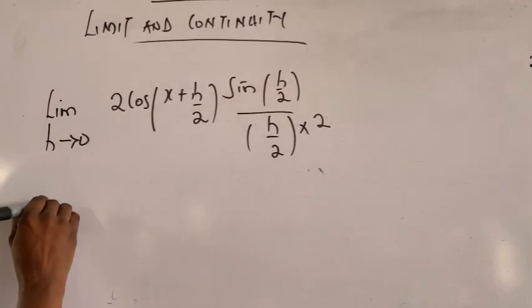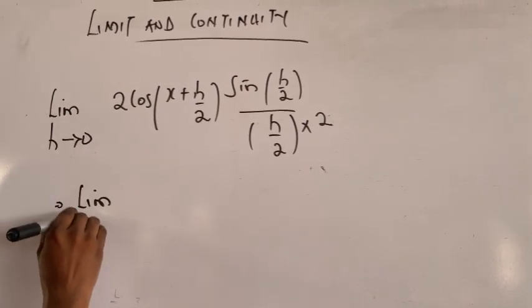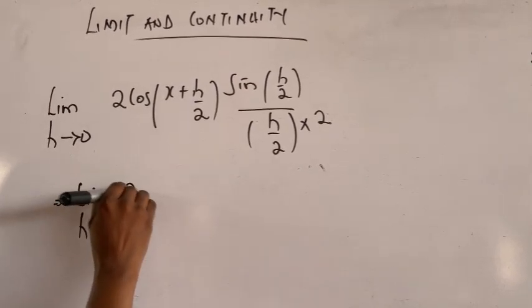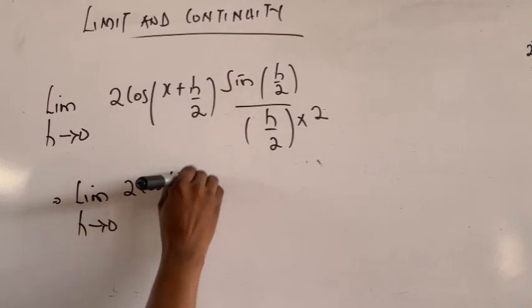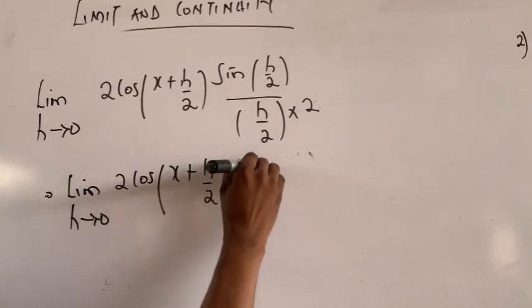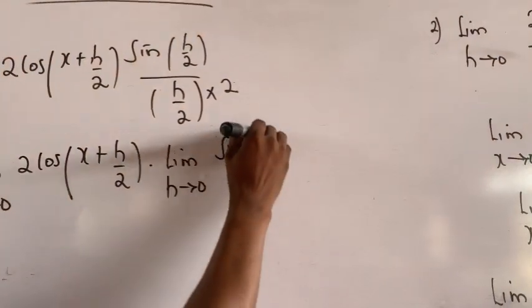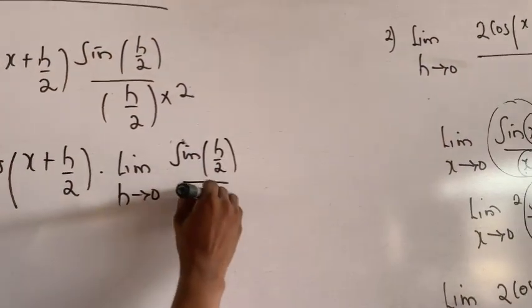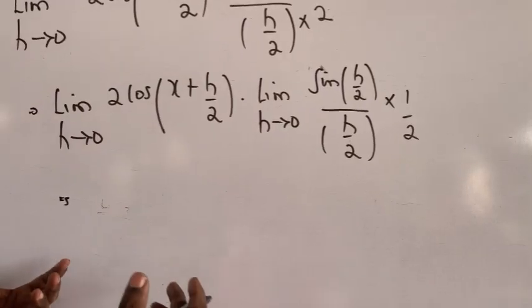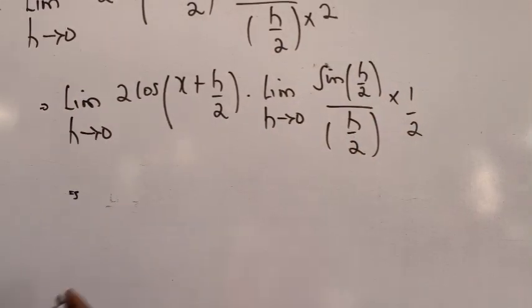So this will give us the limit as h tends to 0 of 2 cos(x plus h over 2) times the limit of sin(h over 2) over (h over 2), a special limit. This whole expression is 1.